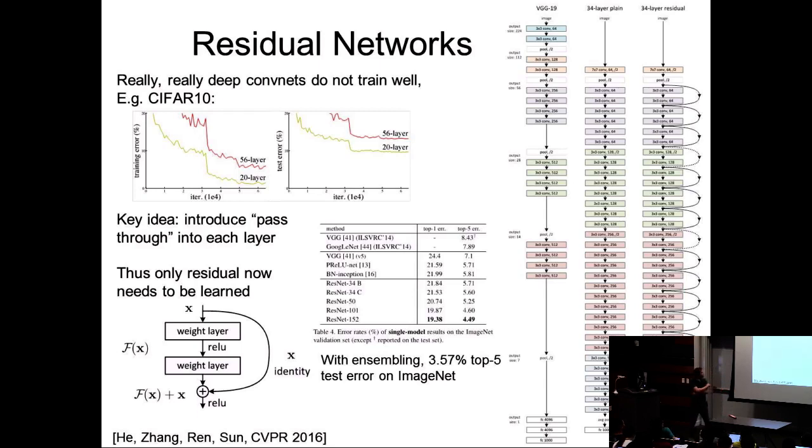So let me show you one interesting thing about what they've discovered. So here's a training error plot versus iteration, and there is a test error plot versus iteration. So if you're building a 20-layer model, right, the training error goes down, stays here. If you look at the 20-layer model, the test error goes down and stays here.